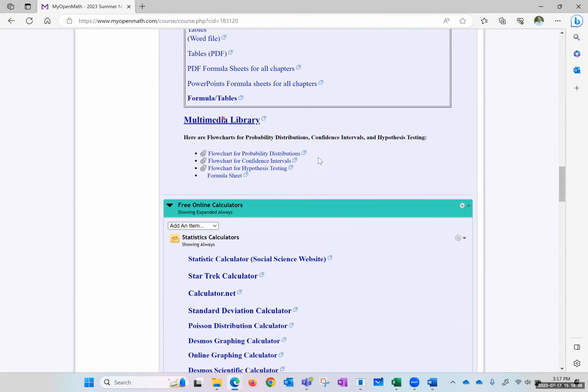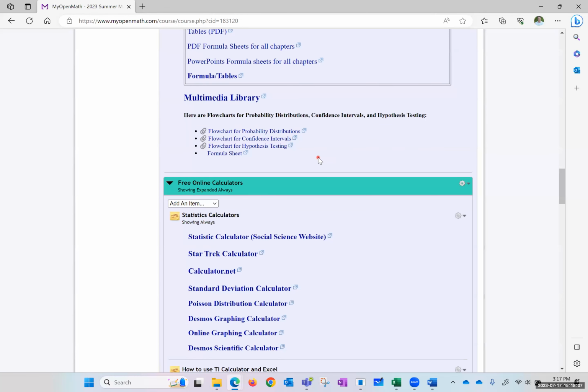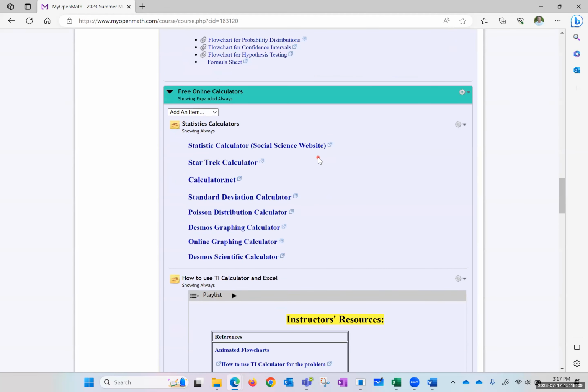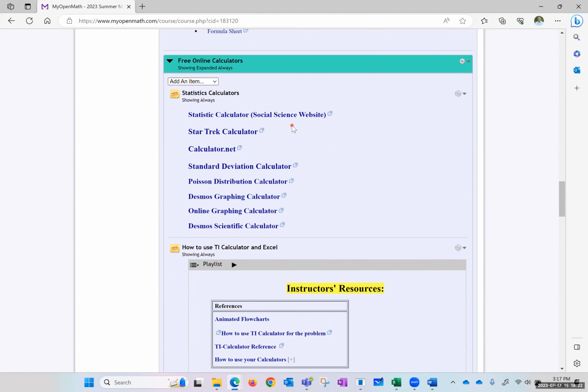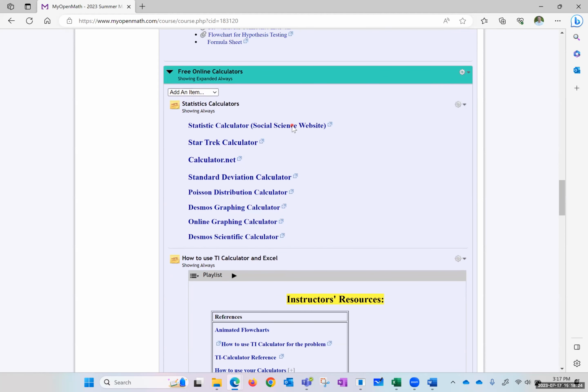The multimedia library, you can find them. These are all resources. I hope you remember when I talked about calculators. Besides the TI calculator and its emulator, there are many, many online calculators, all of which are for free. I highly recommend you try all of them and see which one works the best for you.